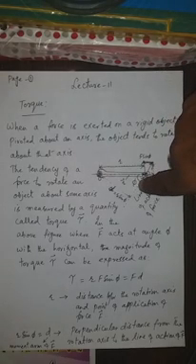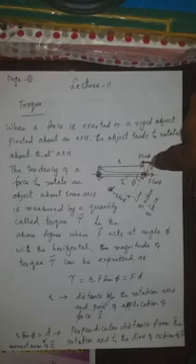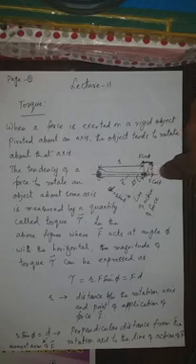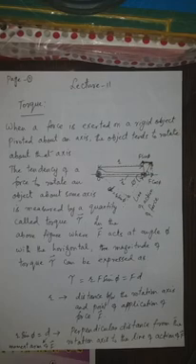If this is angle phi, then this will also be phi, and taking this F as resultant vector, we will see that F cosine of phi will be along horizontal. This will be the horizontal component of the applied force, and this vertical component of the applied force will be marked as F sine of phi.